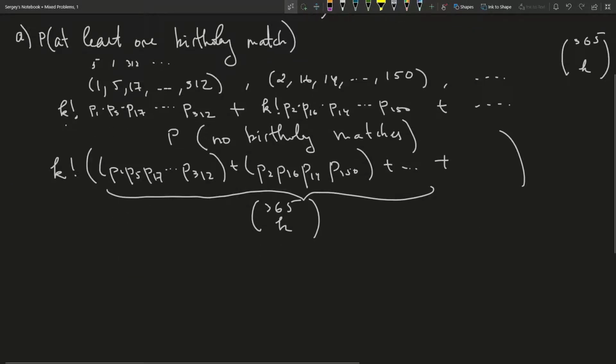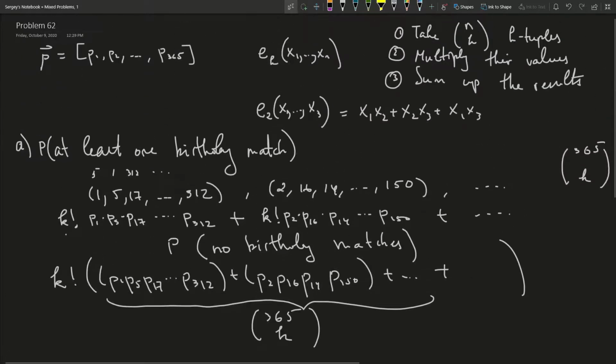So notice that these products are exactly k unique values selected from our vector p. These values are multiplied and then the results are added. This is exactly what we said the definition of the kth symmetric elementary polynomial was in these n values. In our case, n is 365.